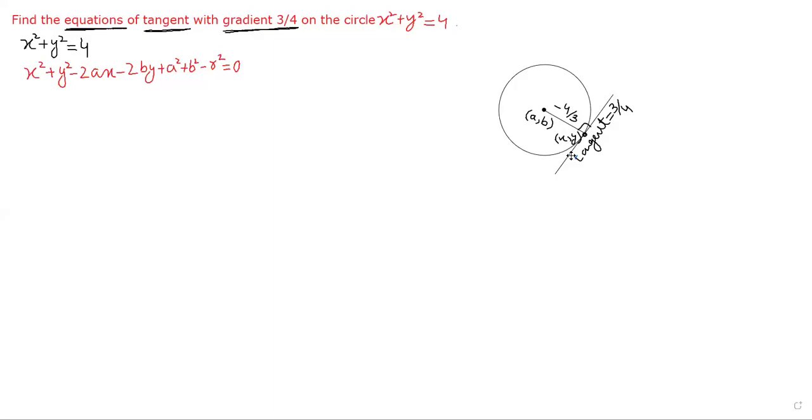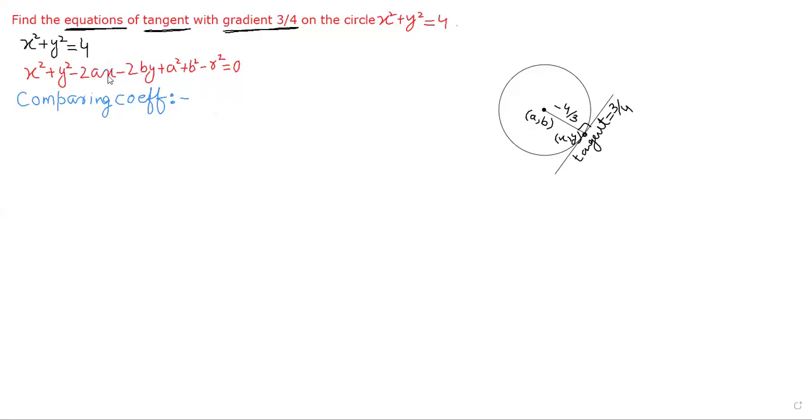Okay. So what I'm going to do over here, I will start with comparing coefficients. What is that comparison?